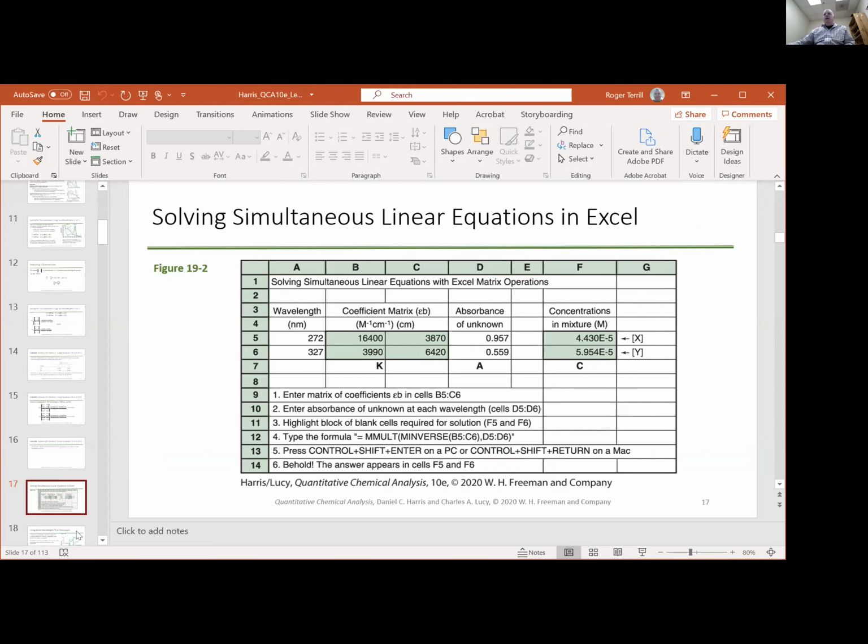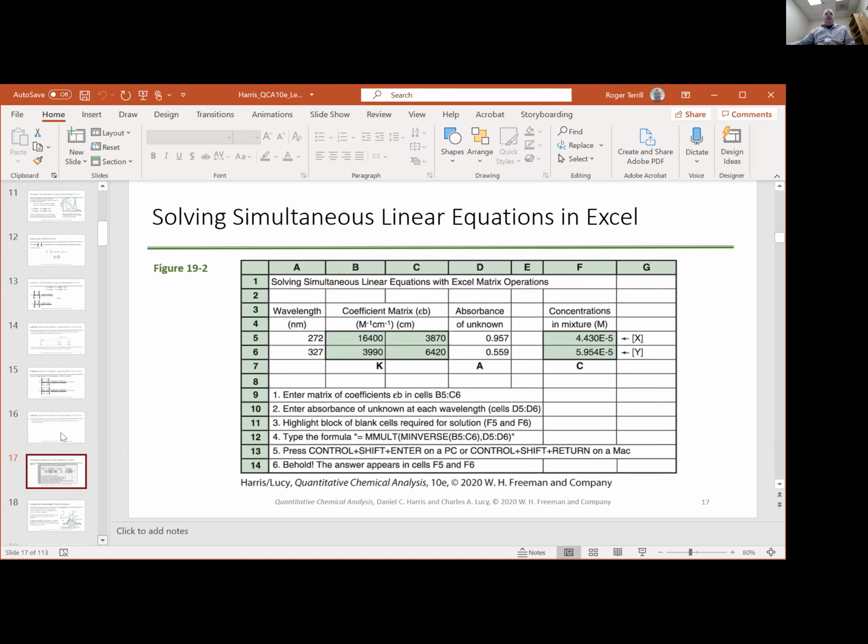And one important thing is Control-Shift-Enter, or Control-Shift-Return, same thing on the Macs. You highlight the two cells where you want it, type in the equation, and type Control-Shift-Enter. It's an idiosyncrasy of Excel.